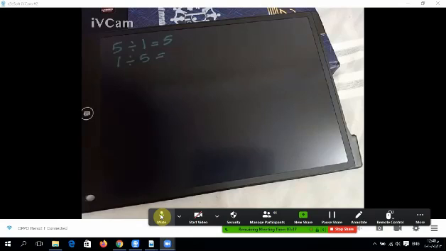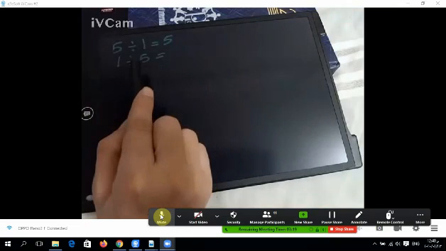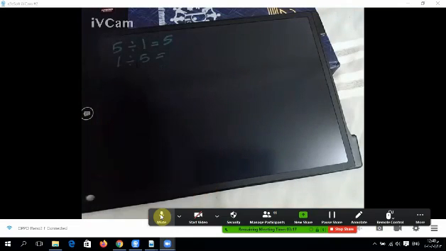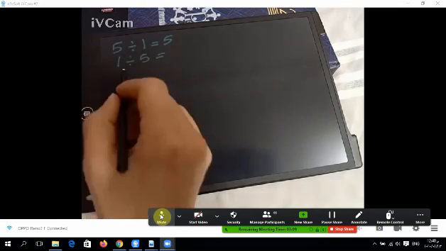In multiplication, 5 times 1 equals 5 and 1 times 5 equals 5, so it has to be commutative also, to give me the same answer. 5 divided by 1 equals 5, but 1 divided by 5 didn't give me the same answer. That means we don't have a neutral element.